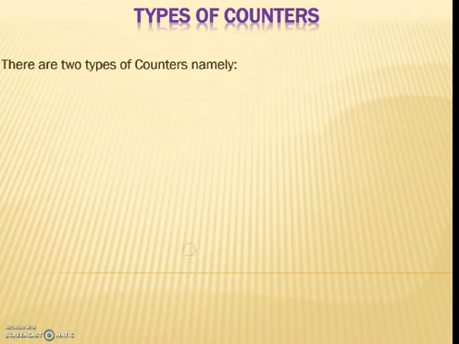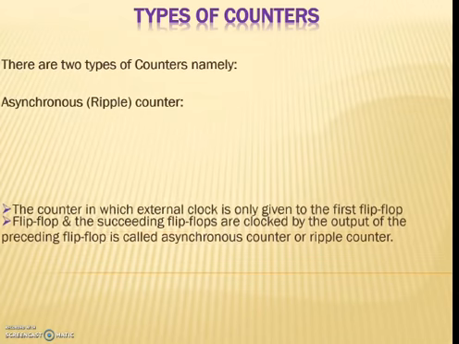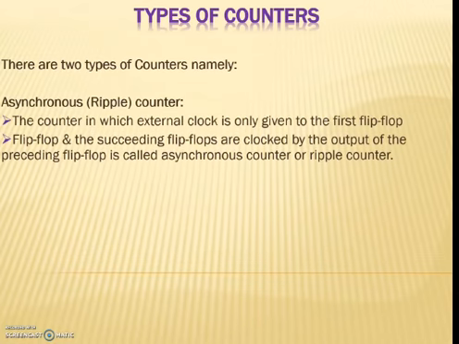Now we'll see various types of counters. We have got two types of counters, namely the first one is the asynchronous counter, and it is also otherwise called ripple counter. The counter in which the external clock is only given to the first flip-flop is called an asynchronous counter.